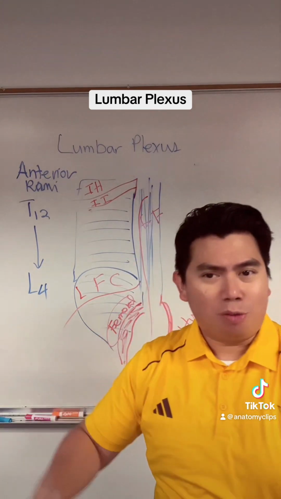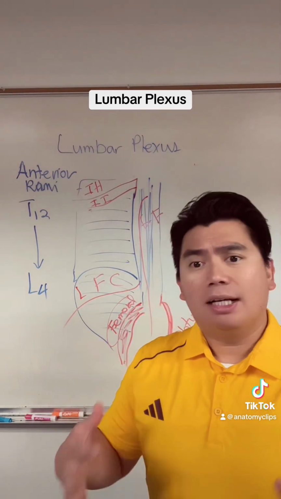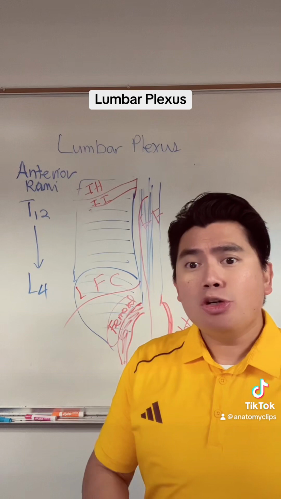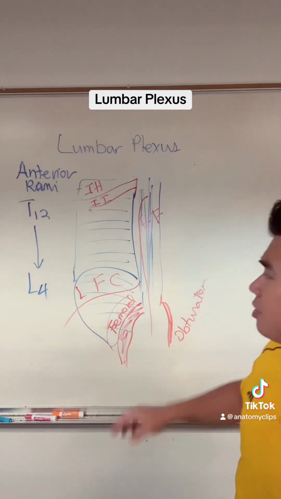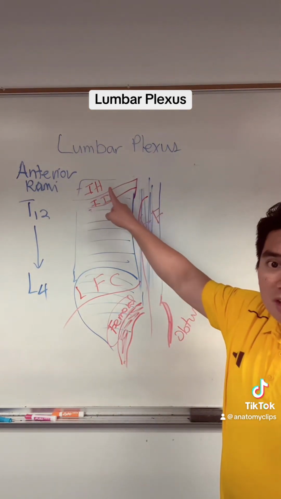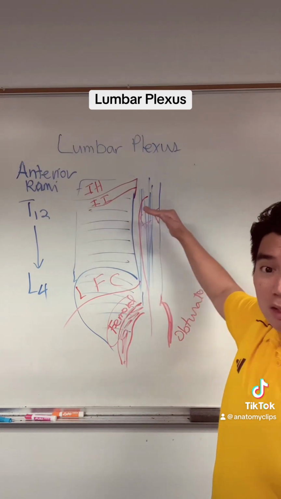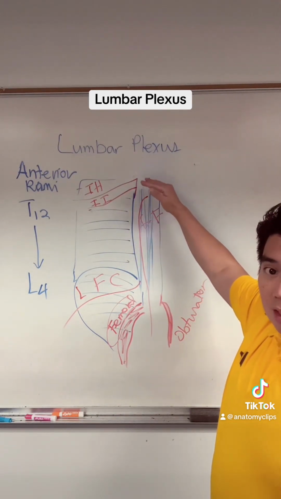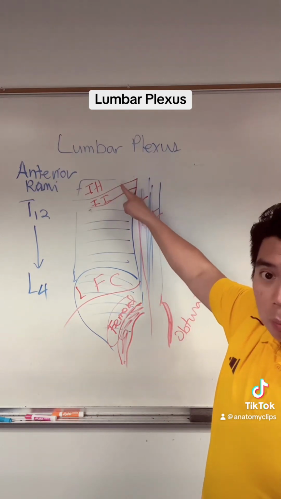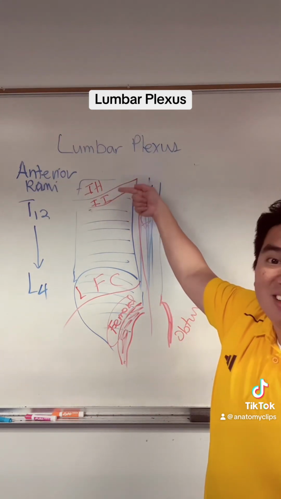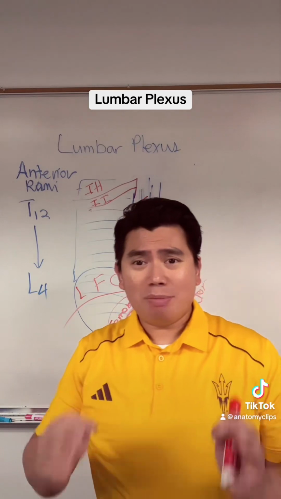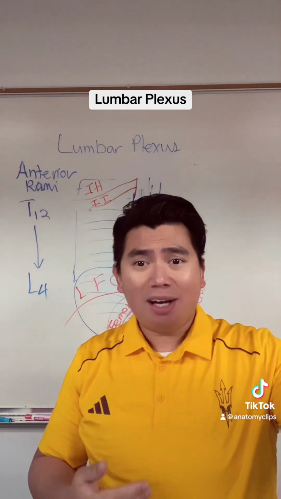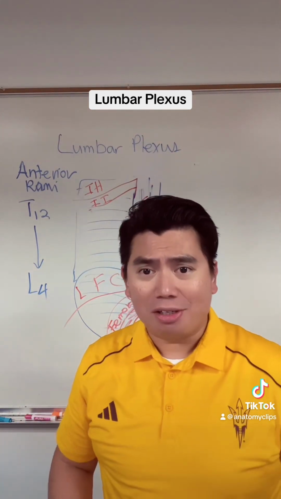When you look at the cadaver, we will remove the organs that are blocking that specific area, and you should see these specific nerves. So we have the iliohypogastric nerve and the ilioinguinal on the superior portion of the psoas major. But out of those two, the most superior is the iliohypogastric, then the ilioinguinal, because again, it makes sense. Gastric needs to be higher than the inguinal region, right?